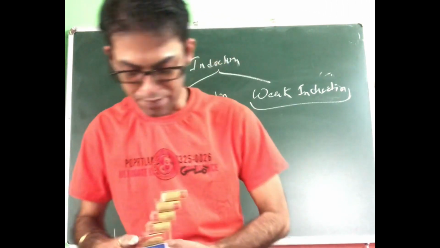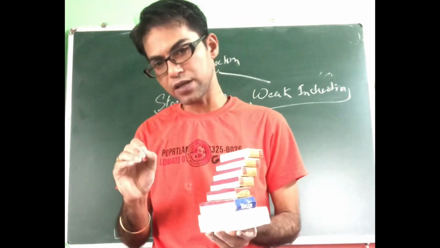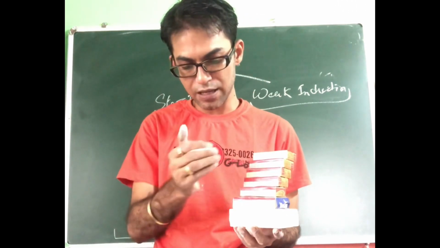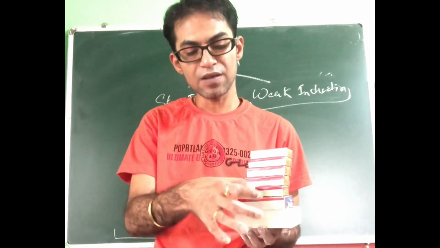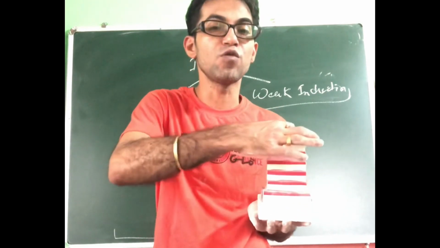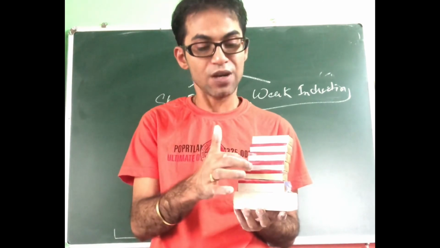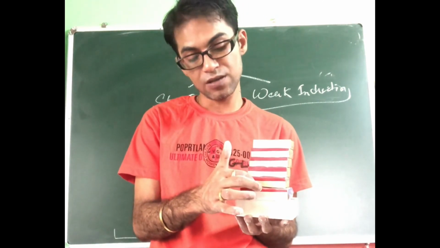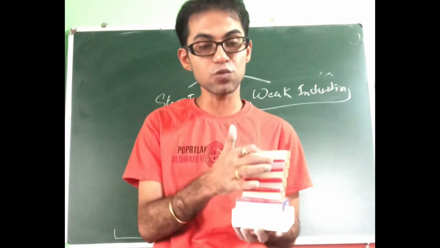So what exactly do I mean? The basic difference between strong induction and weak induction is that in case of weak induction, we ignore all the in-between steps. The base step exists, where I am standing now exists, and I need to prove the next step exists. Whereas in case of strong induction, I need to prove the base case exists, this one exists, this one exists, this one exists.